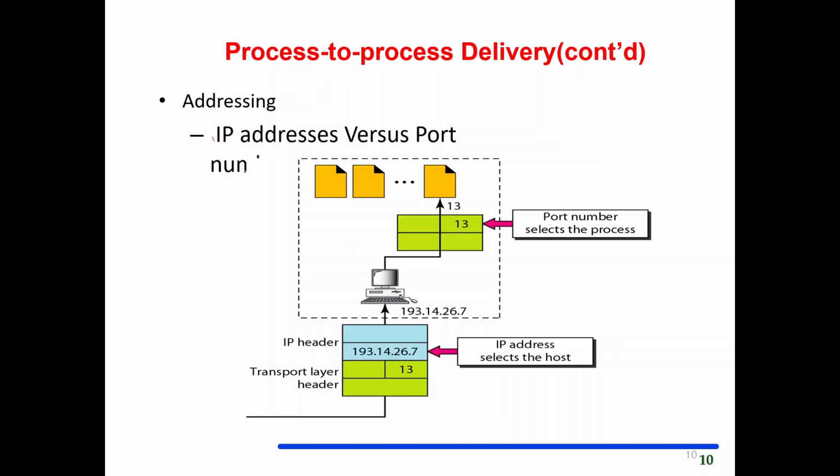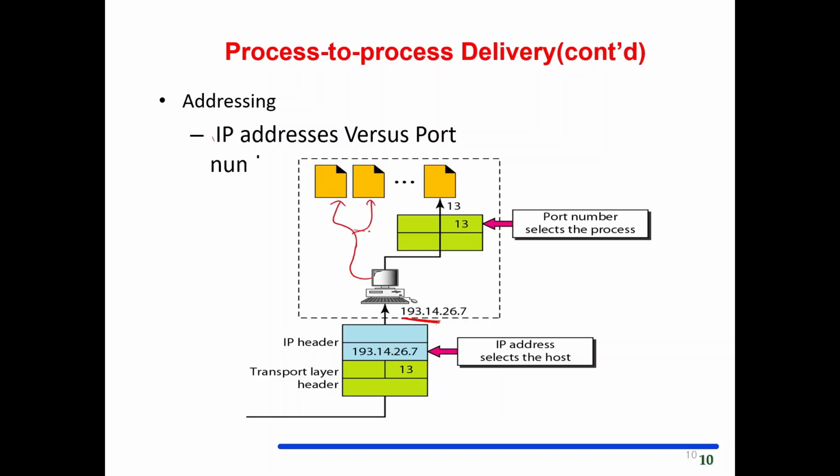Here there is one more example to make you understand the importance of the port number. As you see, there is one device or one system or one station with some IP address. Since there is an IP address, obviously it will have some internet connection. This station will be running so many processes.